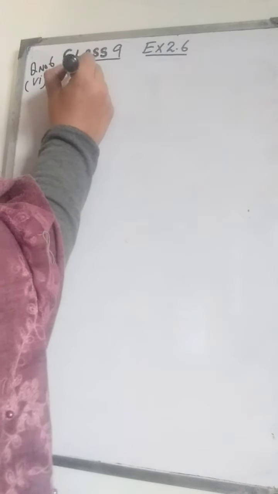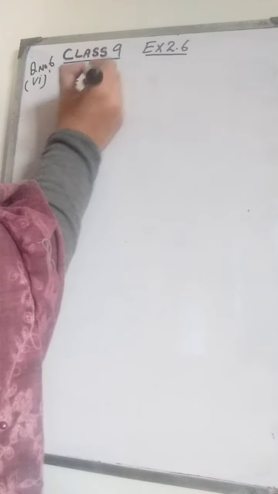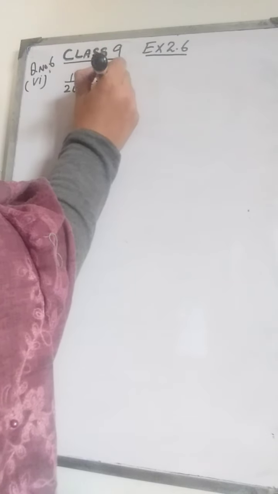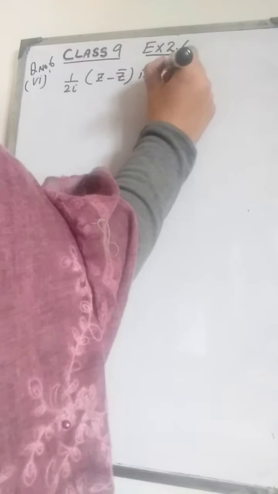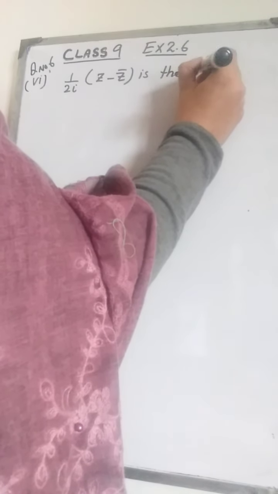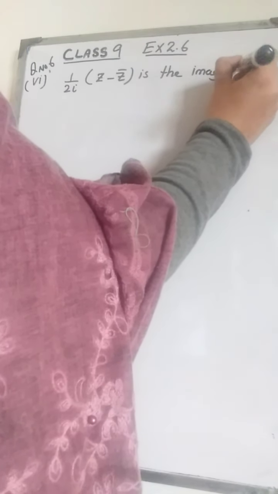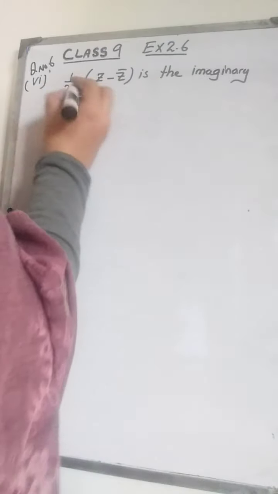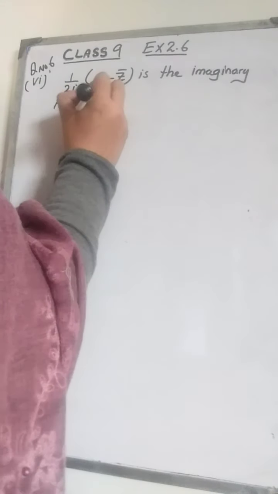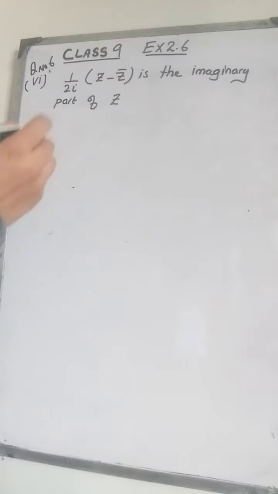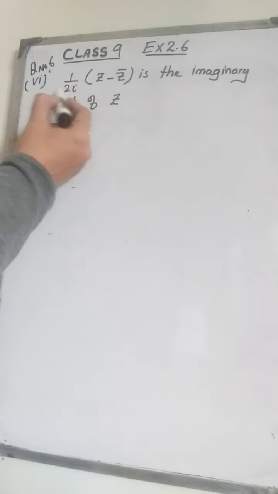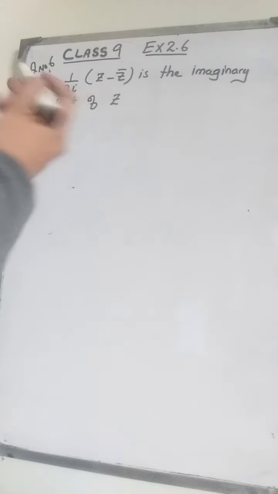Now next we need to show that 1 over 2 iota into z minus z bar is the imaginary part of z. We need to show that this whole expression is equal to the imaginary part of z.